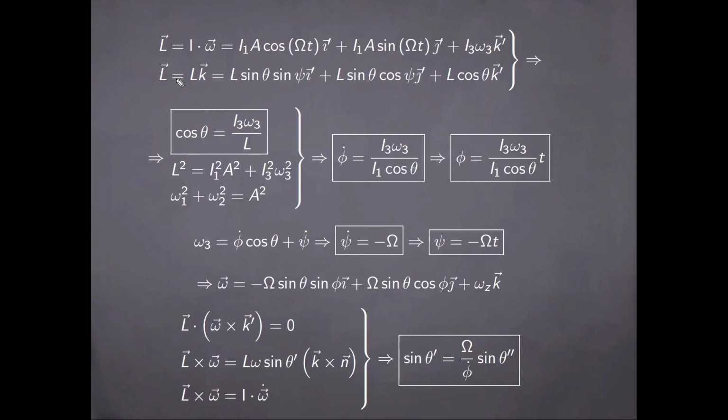Now, we know that in the intrinsic frame the angular momentum is generally given by this contraction, but in particular in the intrinsic frame, or in the body set of axes, we will have the simple expression here. And we also know that since the motion is torque free and the angular momentum vector is conserved, its direction as seen in the laboratory system is fixed in space, and we can choose it to be aligned with the vertical in the laboratory frame.